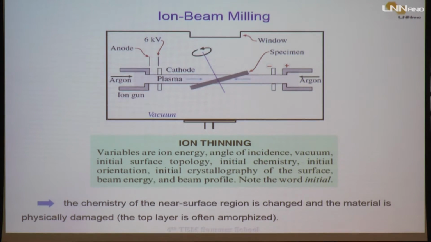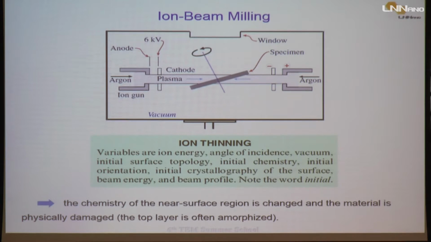You have here the initial chemistry of your sample, initial orientation, initial crystallography of the surface, the beam energy, and the beam profile. Okay, the beam energy, as I told you, the larger the beam energy, the more material it will take out of the sample.